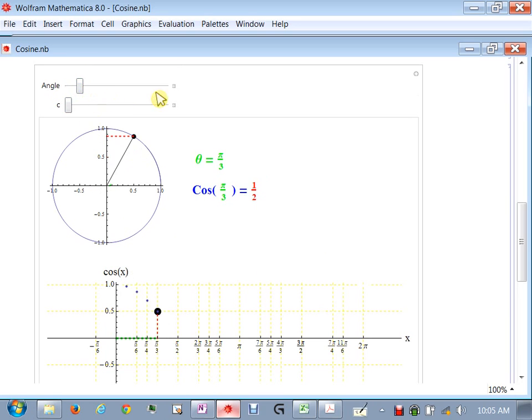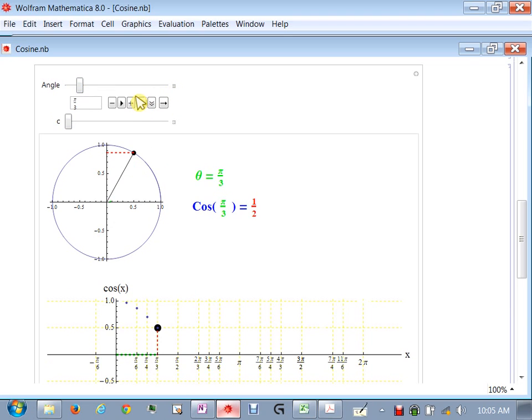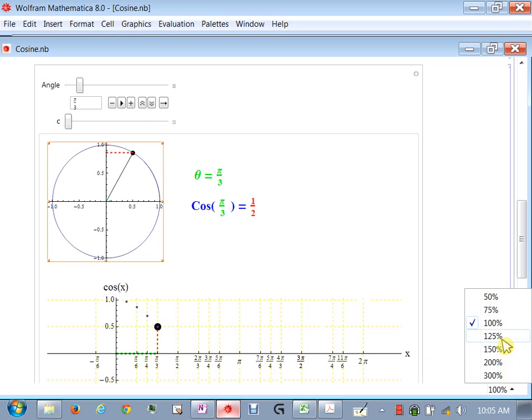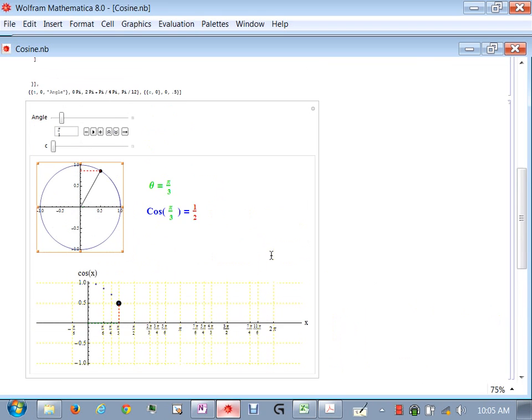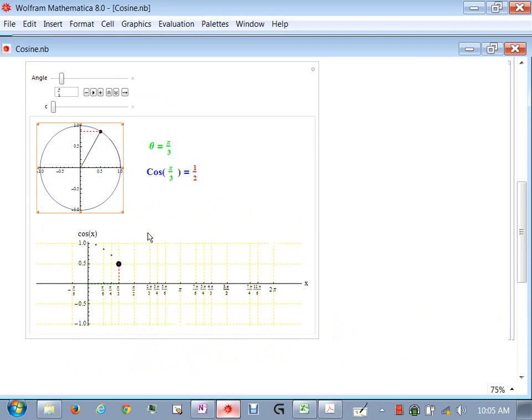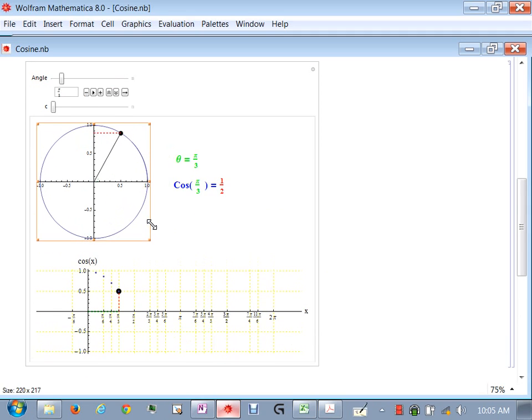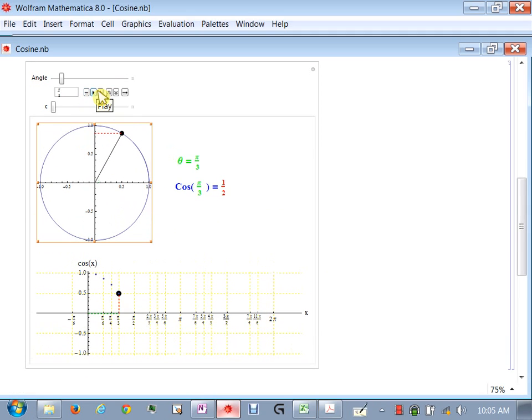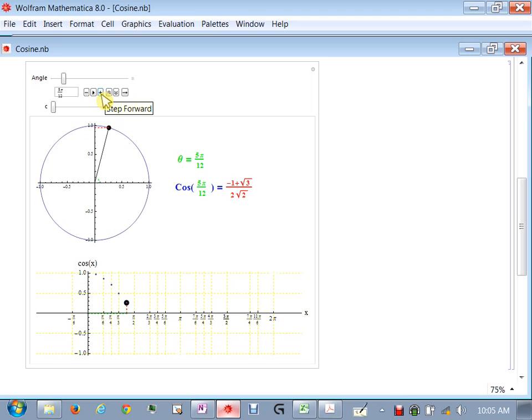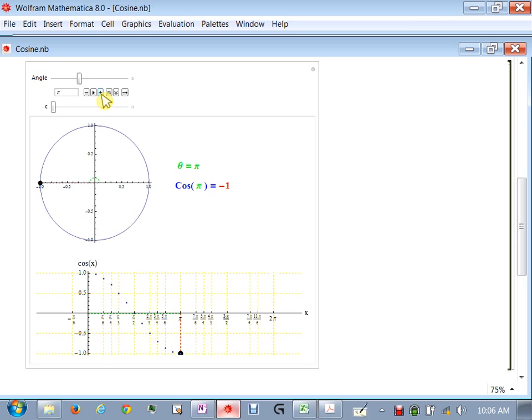So x is getting smaller, smaller. It's 0. Then it's negative x values because I'm in the second quadrant. Negative, they're getting bigger and bigger. I get all the way over to what? -1. So I'm down there on the graph.